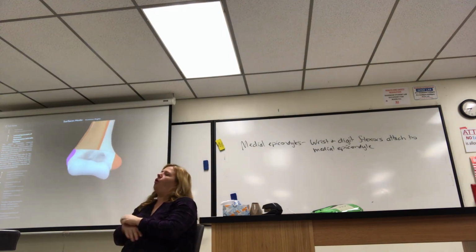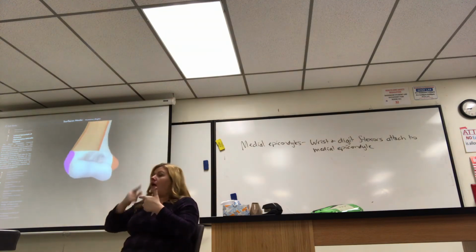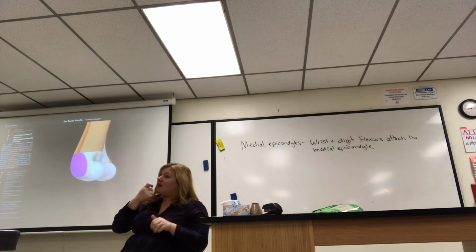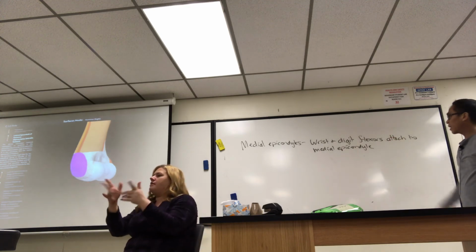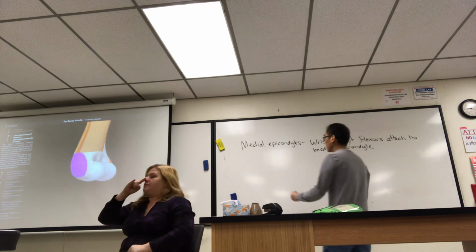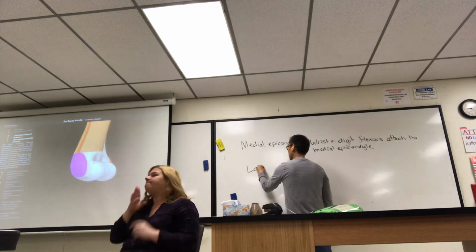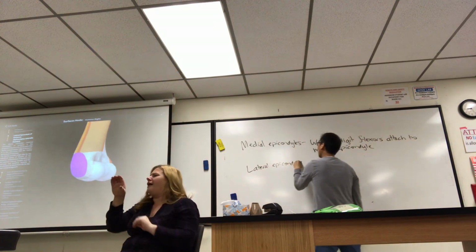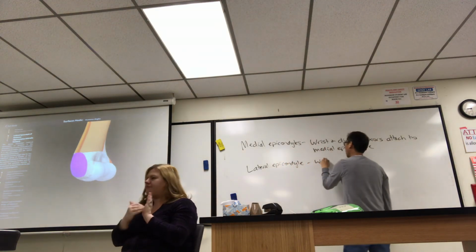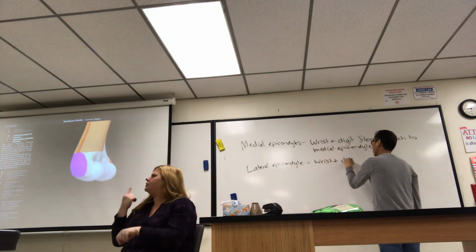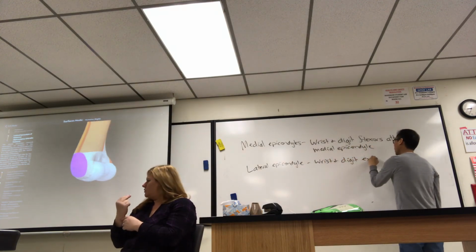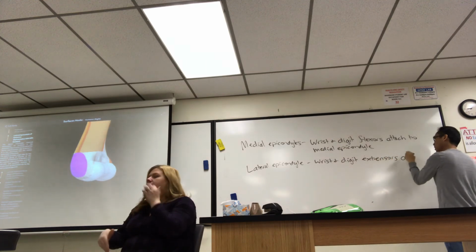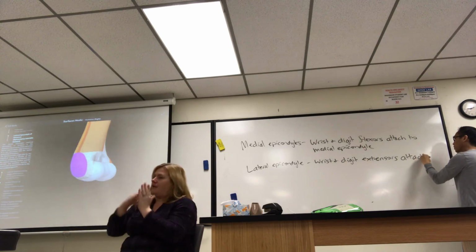It's not as knobby looking as the medial one. Anyways, there's a lot of wrist and digit extensors that attach to the lateral epicondyle. So I'll just say wrist and digit extensors attach here.